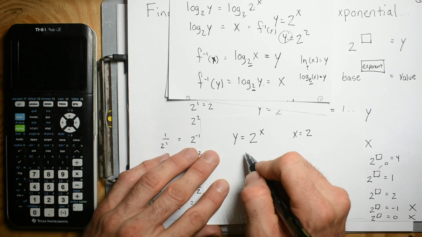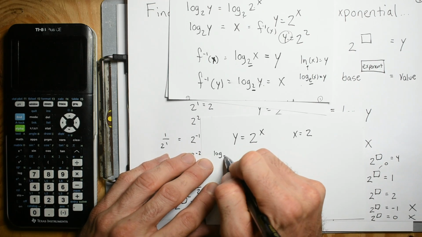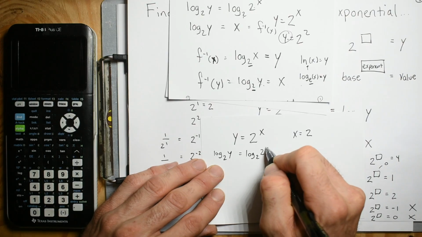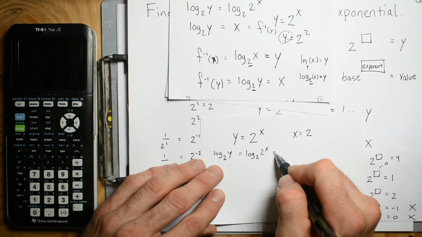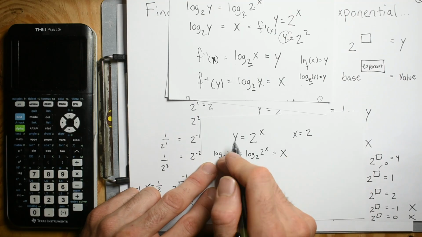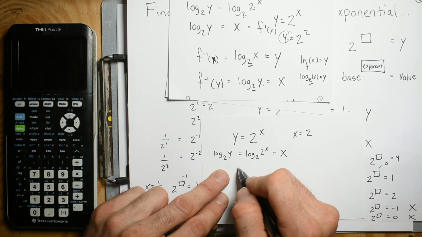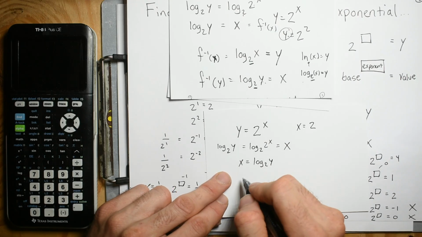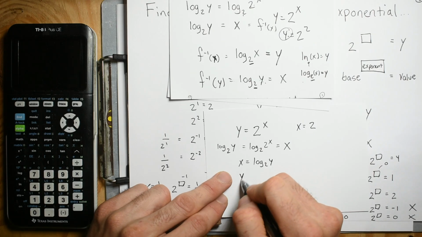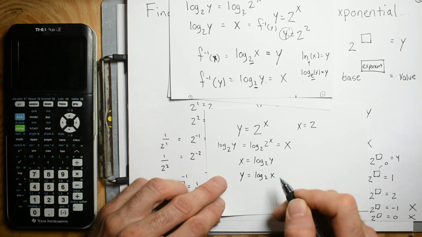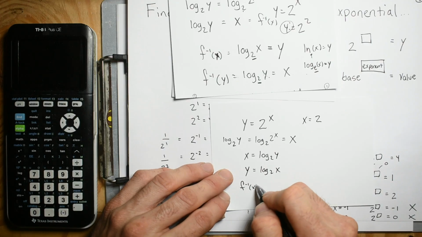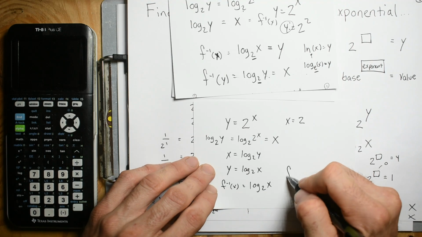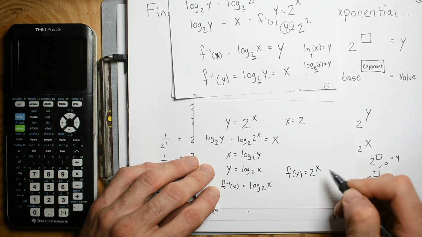The inverse is going to take the log base 2 of y, and log base 2 of 2 to the x just brings down the x, and then we solve for x. So x is equal to log base 2 of y. I'm going to switch variables and say y is equal to log base 2 of x, the inverse of the original equation, 2 to the x.